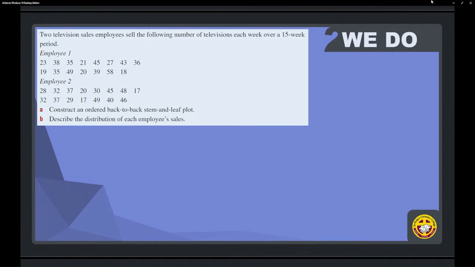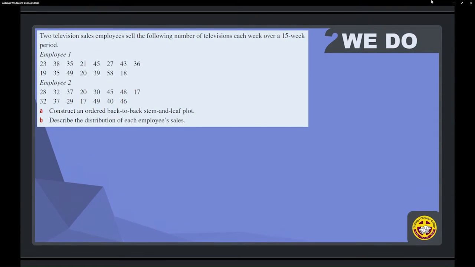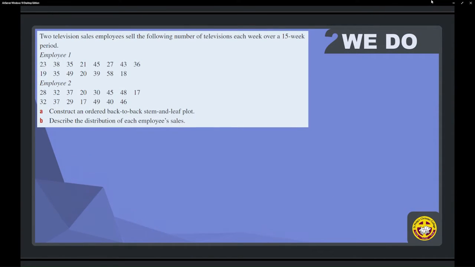You guys are going to have a go. Oh, no, we're going to do this one together. This is a back-to-back. The process is exactly the same, though. We take the numbers and put them in order. I'm going to do this a bit quicker in the interest of time.